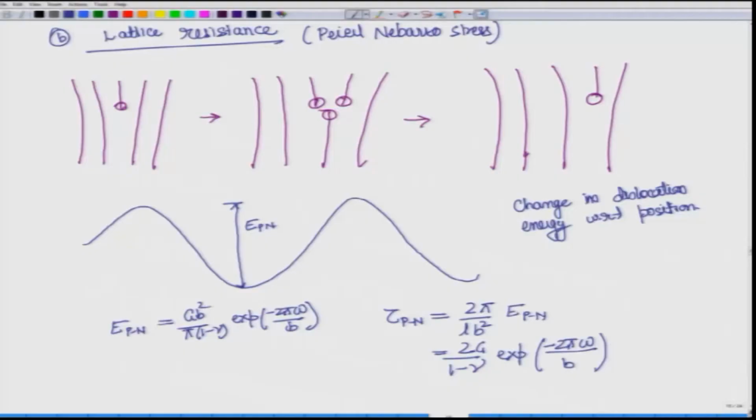Now, what is the effect of width? We said that width will also make a difference. We will see over here. Let us say width versus tau_PN. If width is 0, then you will have to apply a very large shear stress. If you increase the width to just 1 b, meaning 1 atom, it already reduces to G by 400.